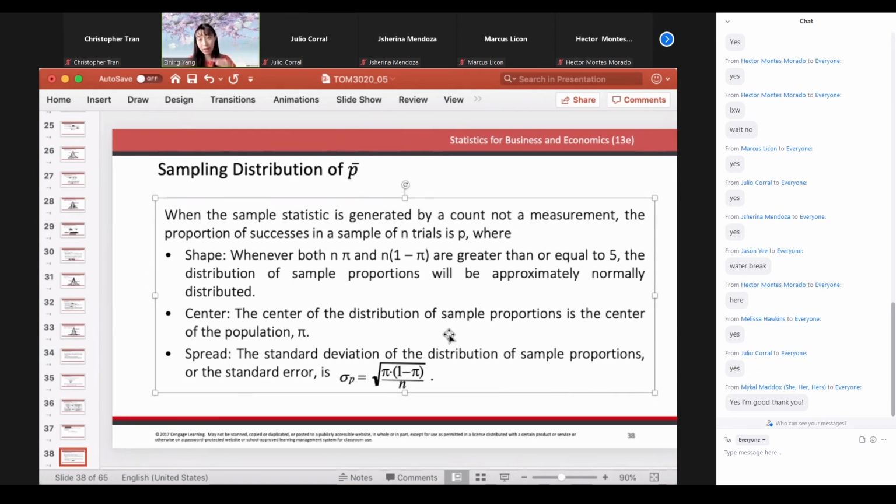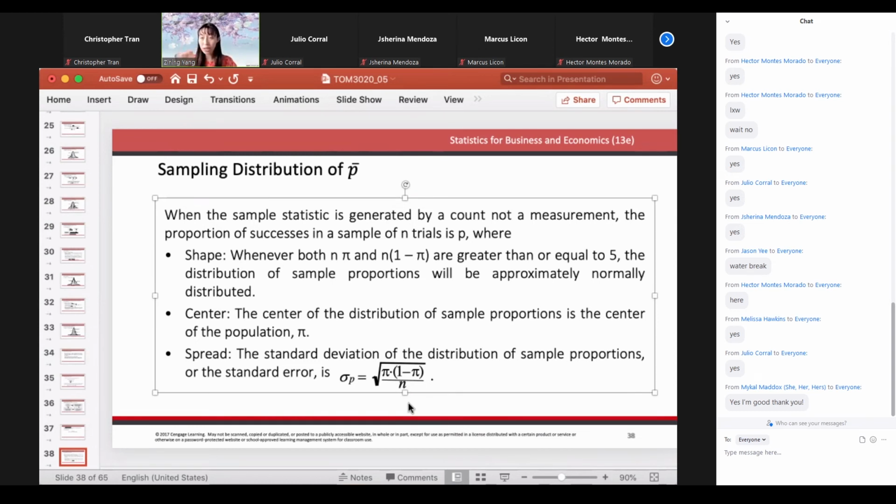Now, when we get it into the context of a sample, knowing that the sample size also affects how much it deviates from the center, the formula changes to the square root of probability of success multiplied by probability of failure divided by sample size.